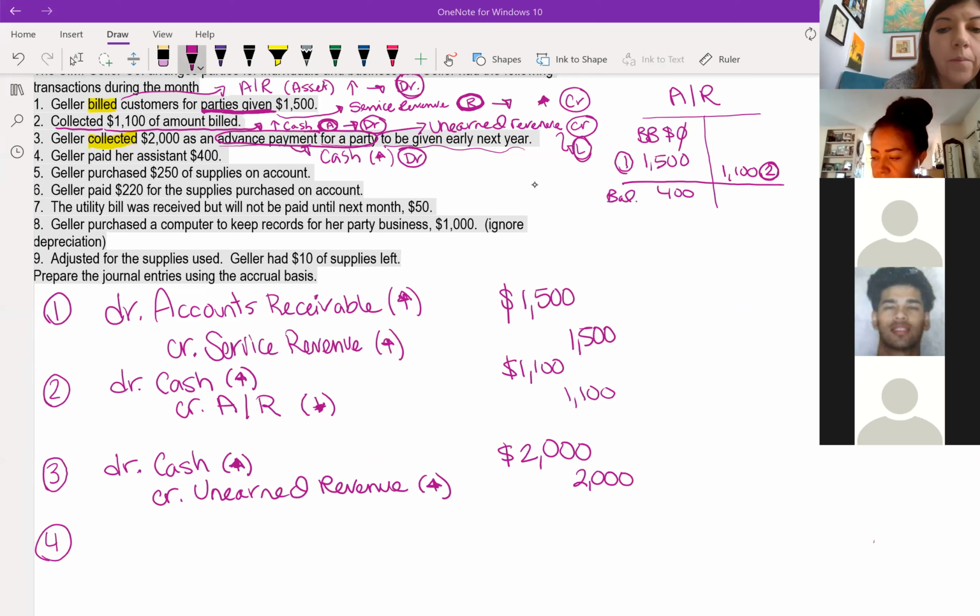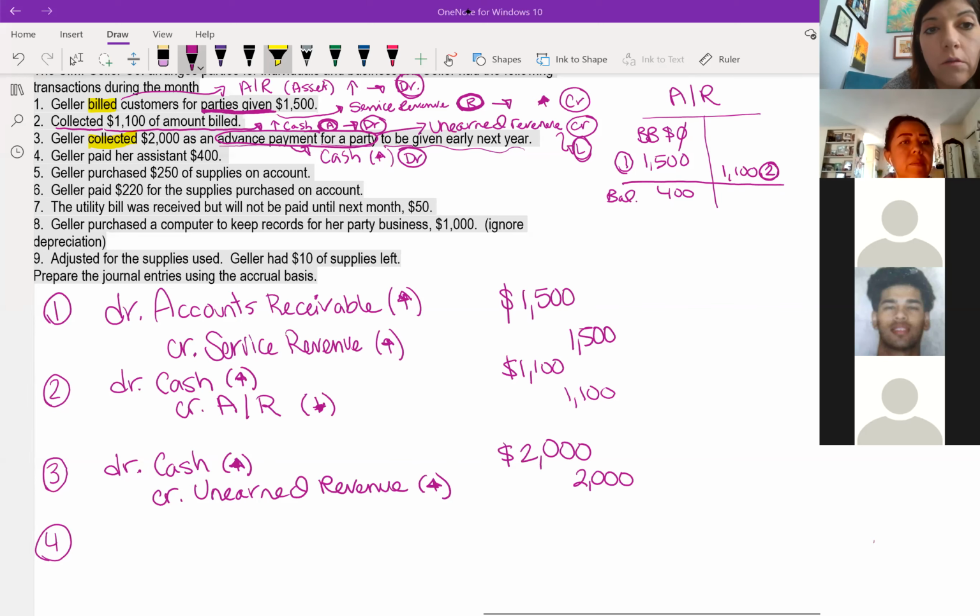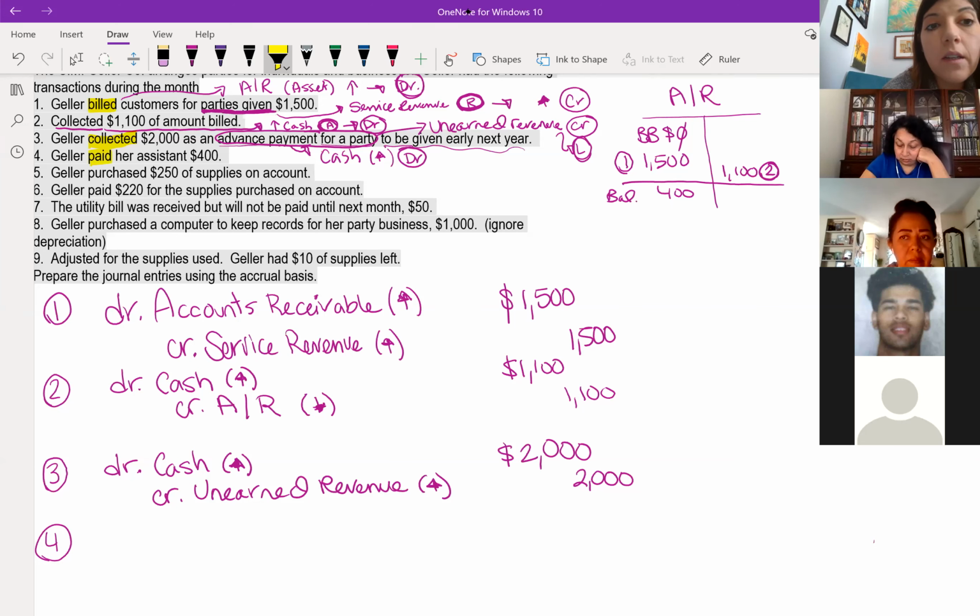Okay, number 4. Geller paid her assistant $400. So we can start with the paid portion. It's an expense, but not because of the paid. Salary expense. And then what's the paid telling us?